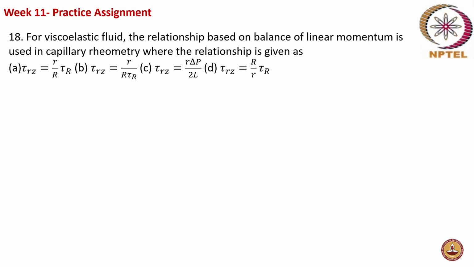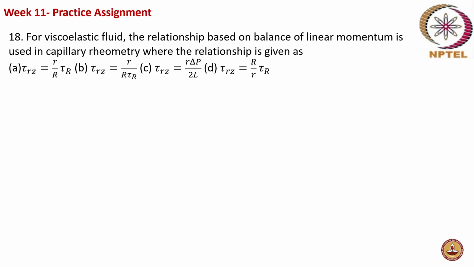So capillary rheometer, for a viscoelastic fluid, you cannot use the Hagen-Poiseuille equation. So you derive the expression based on your relation with the wall shear stress. Okay. So how is that? Based on the linear momentum balance at the wall. Okay. And wall shear stress, you use it.